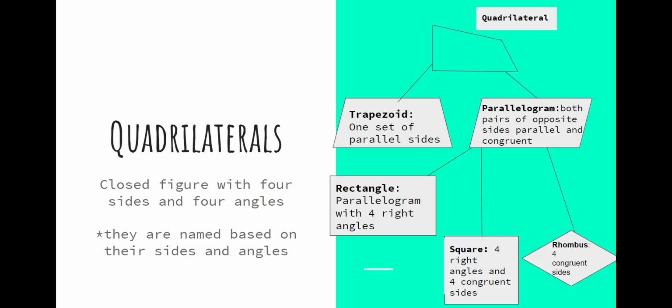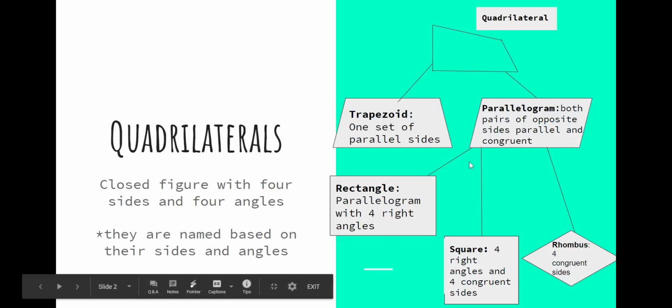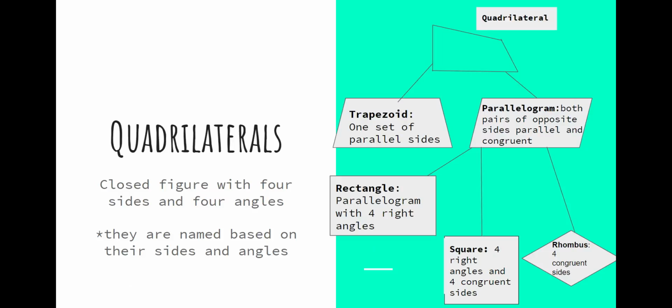So I have a rectangle. A rectangle is a parallelogram. It is also a quadrilateral that specifically has four right angles. So it still has the two pairs of opposite sides that are parallel to one another, the two sides and the top and the bottom, and they're also congruent to one another, so the two side lengths are equal and the top and the bottom are equal.